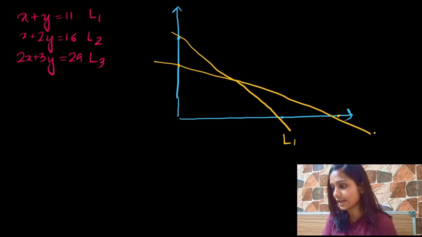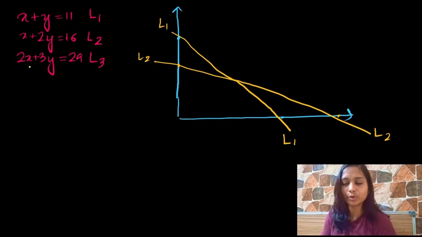So this one is L1, this one is L2, and for L3, 2x plus 3y equals 29. So x intercept will be 29 by 2, which is 14.5, and this one will have y intercept 29 by 3.